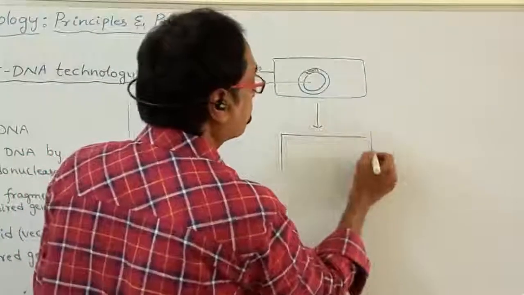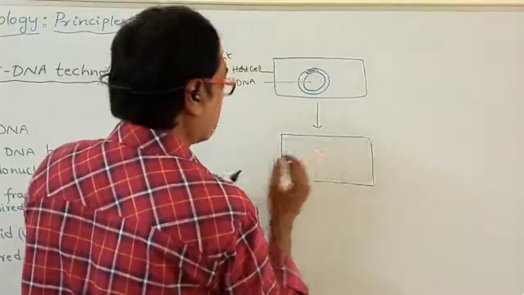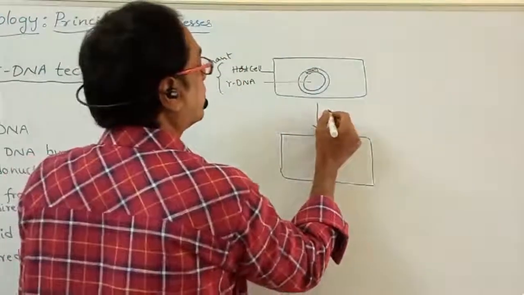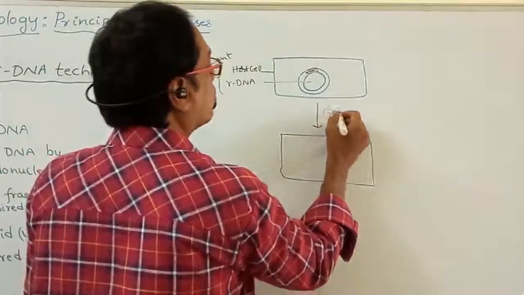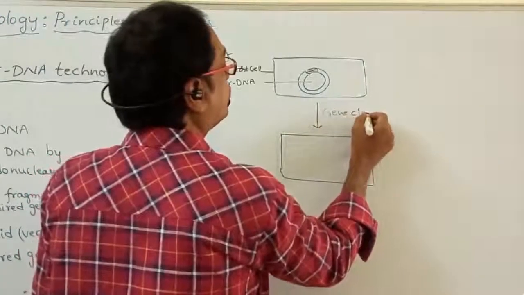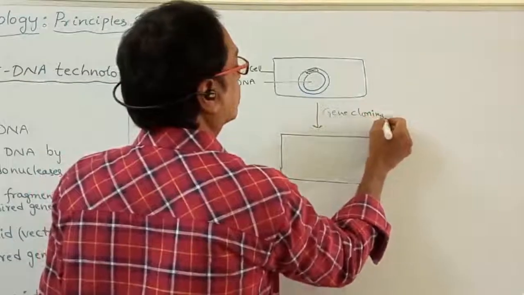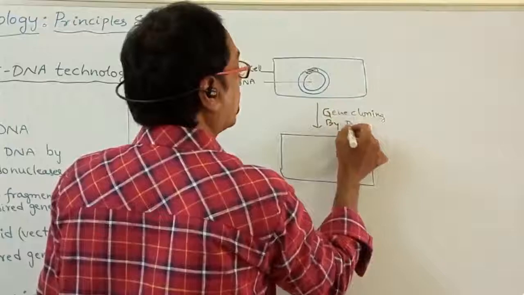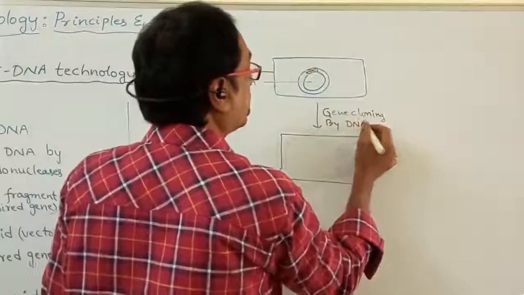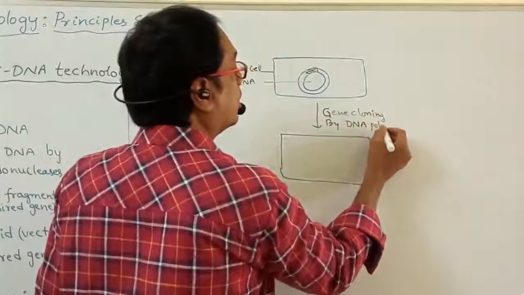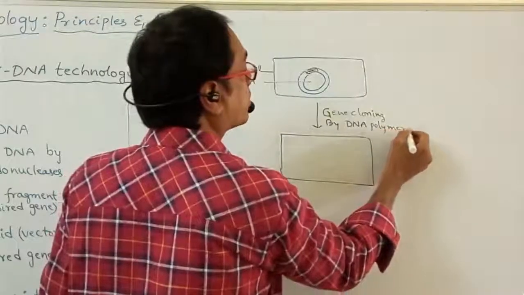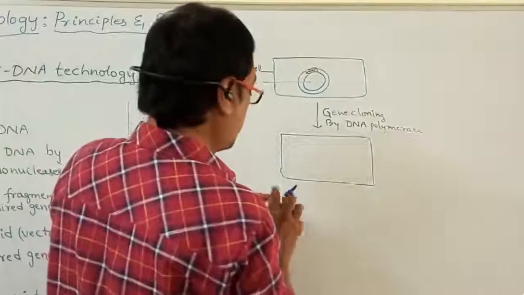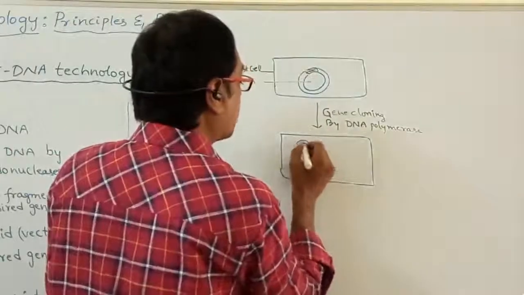So now this rDNA undergoes replication, that is, it undergoes gene cloning. It is a DNA, so it is done by DNA polymerase. So many rDNAs are formed.